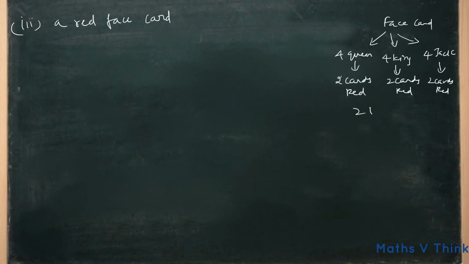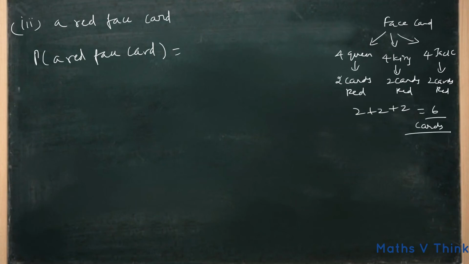Nothing but 2 plus 2 plus 2, which is equal to 6 cards. So the probability of a red face card is equal to the number of favorable outcomes, which is 6 cards, divided by the total number of outcomes, 52 cards. So 6 by 52. 2 threes are 6, 2 twos are 4, 2 sixes are 12, which is equal to 3 by 26.